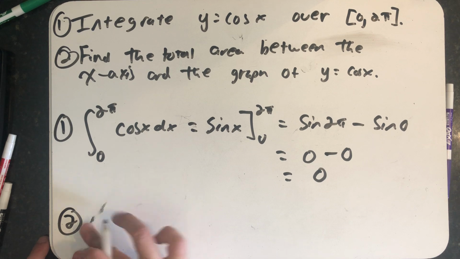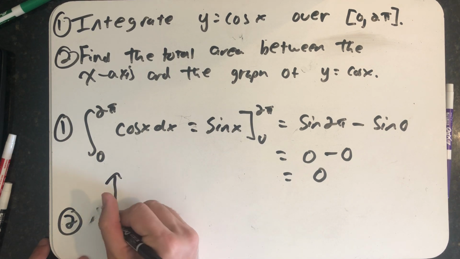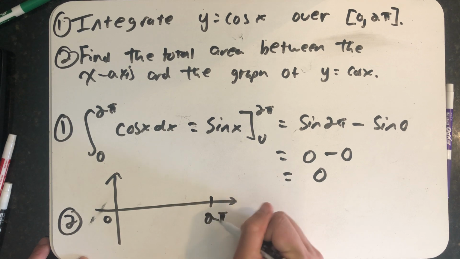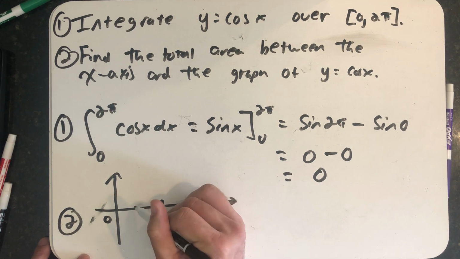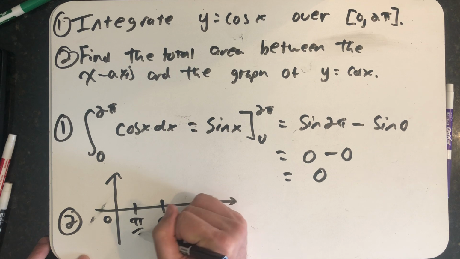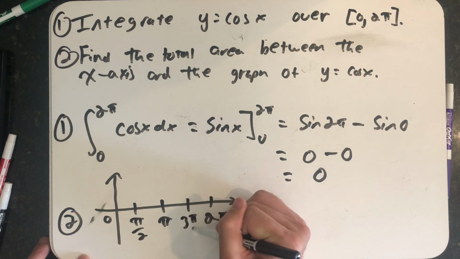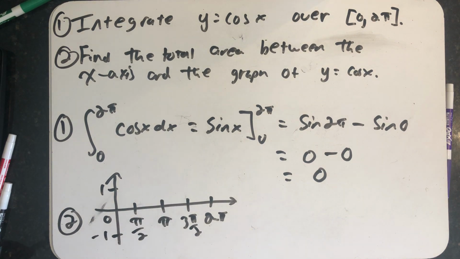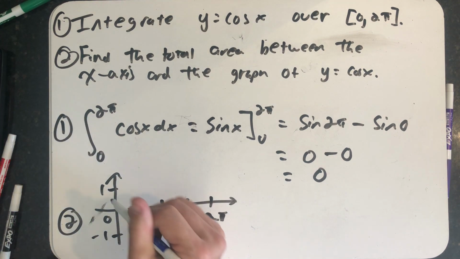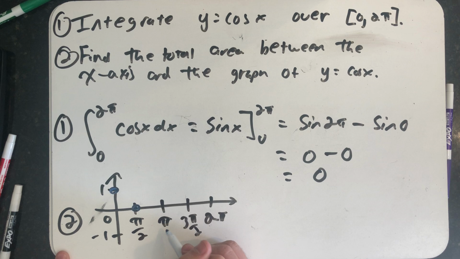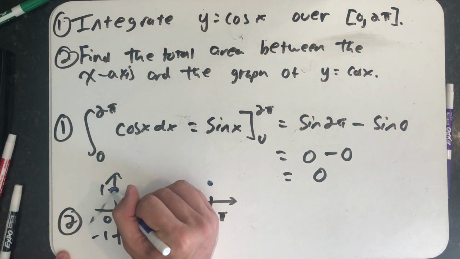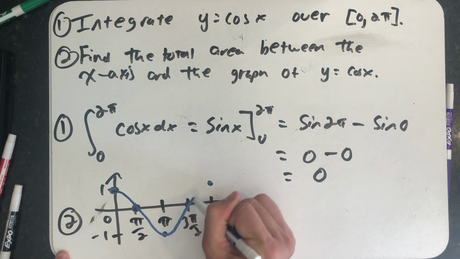And I think drawing a picture will help me understand what just happened in part one. So I'm going to graph cosine from 0 to 2 pi. And we're very familiar with the graph of cosine. Cosine's a nice little wave function, very symmetrical.